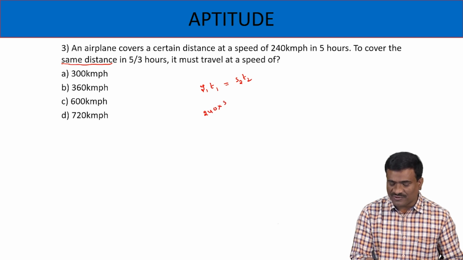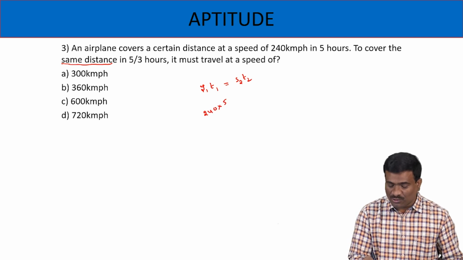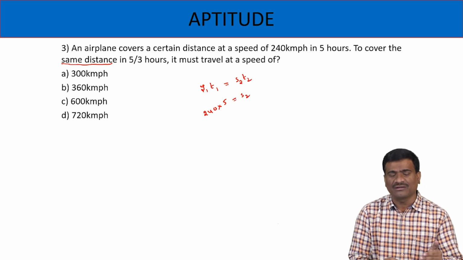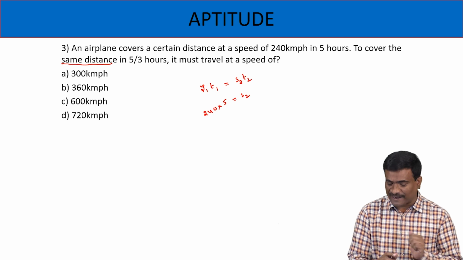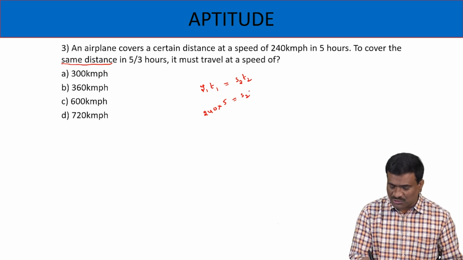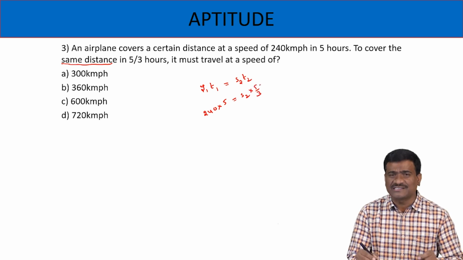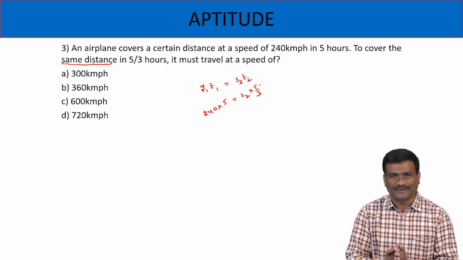Next, time of the first object, 5. Calculate the second speed, speed of the second object, second train or second airplane, and T2 is 5/3 hours. This is called the equation method.